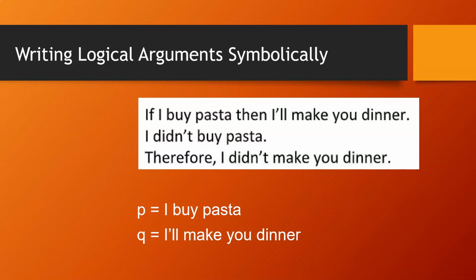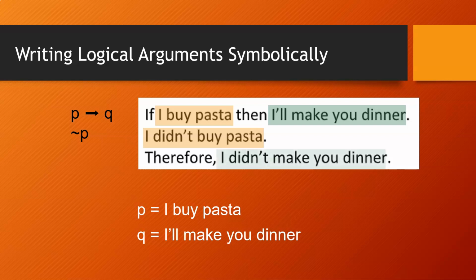So let's take each of the sentences and write them in terms of our variables P and Q. So in the first sentence, if I buy pasta, then I'll make you dinner, we can write if P, then Q. I didn't buy pasta is not P, and I didn't make you dinner is not Q. So we have our 3 sentences now translated into symbols, but in terms of writing this so that it looks like a logical argument, we're going to do a couple of other things.